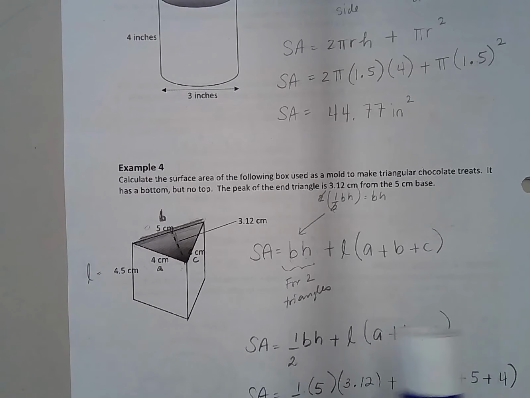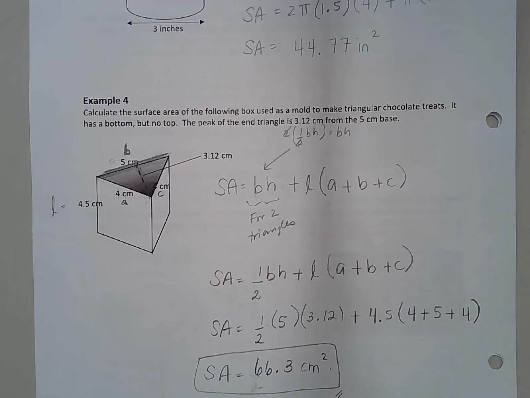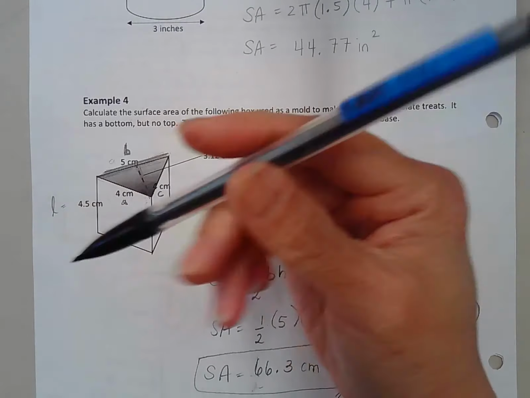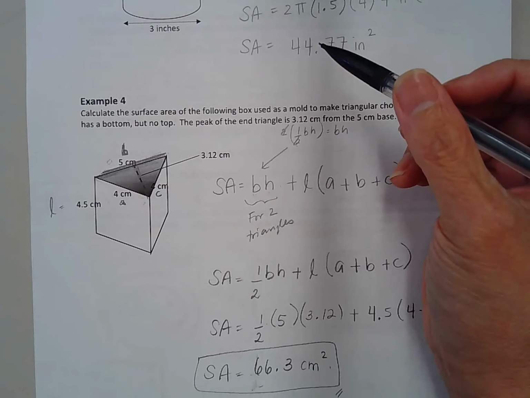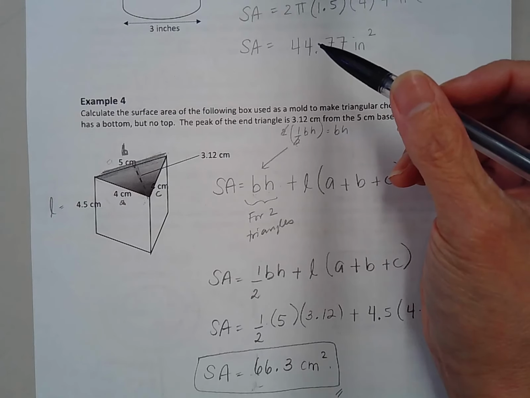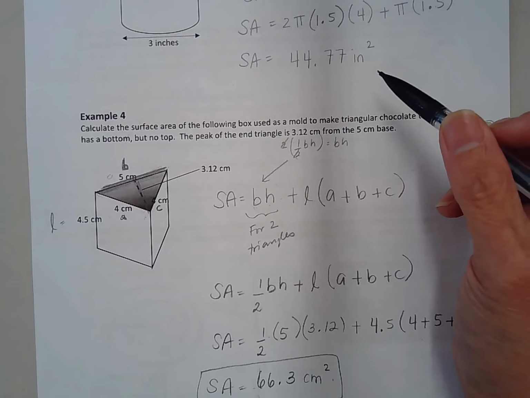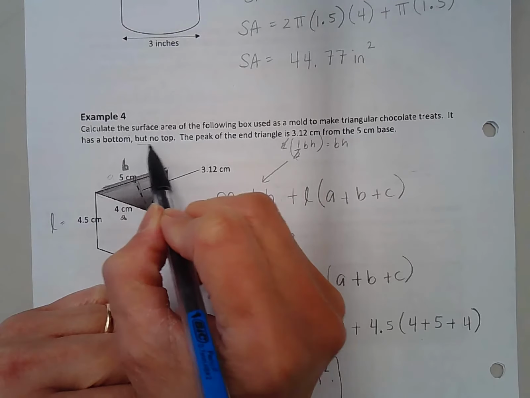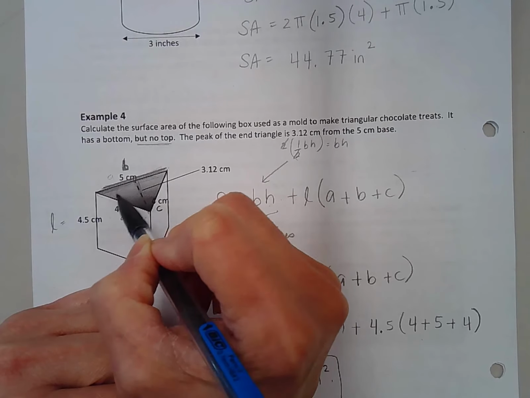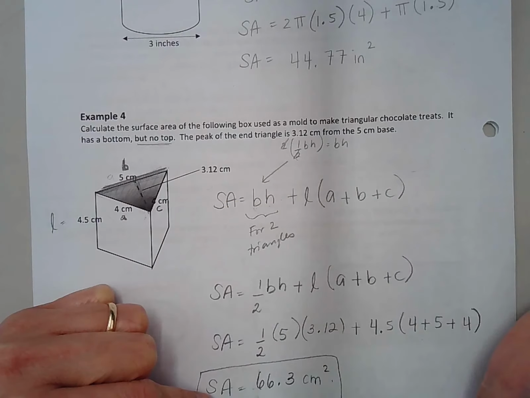Like we can see now 2 or 3 triangles in the picture. How do we know we are looking for one? Yeah, because they said there is no top for this. There's no lid. This is removed.